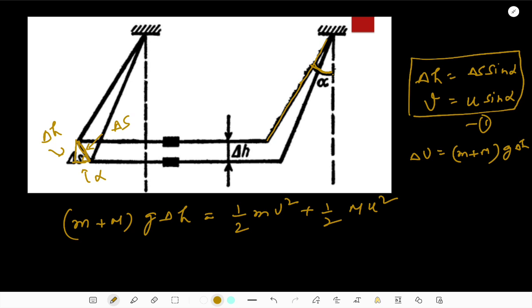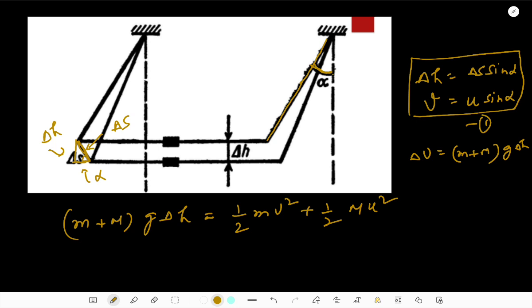I don't know what that can be. If the bead had moved under the action of gravity only, it would have the acceleration g, but this is not the case.